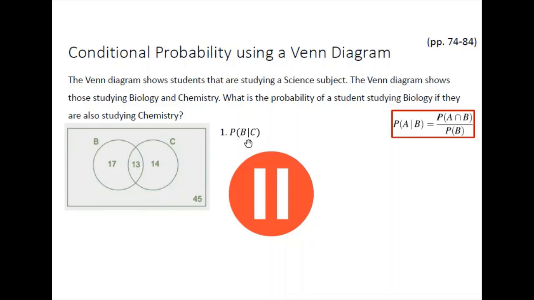Now look at this example. We want to obtain the conditional probability using a Venn diagram.